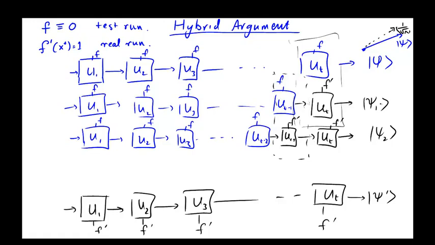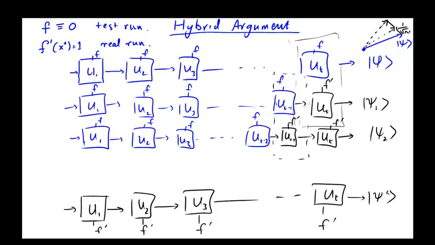So psi1 and psi2 are going to differ by at most 1 over square root n. Again, we don't know in which direction, but they can be at most 1 over square root n apart. So we proceed this way, making one change at a time until we get back to the actual circuit.